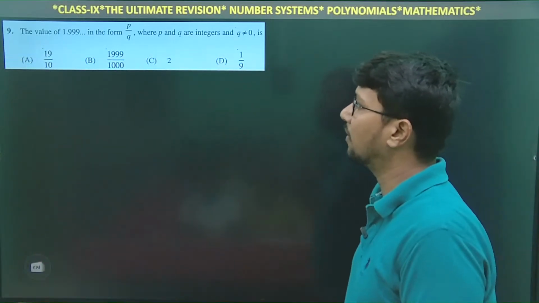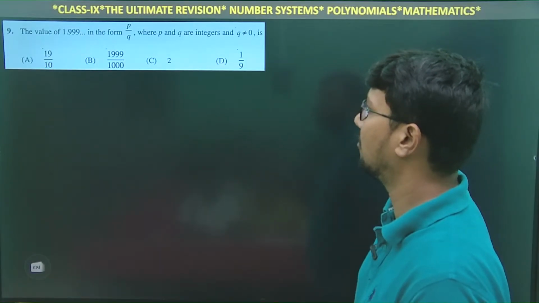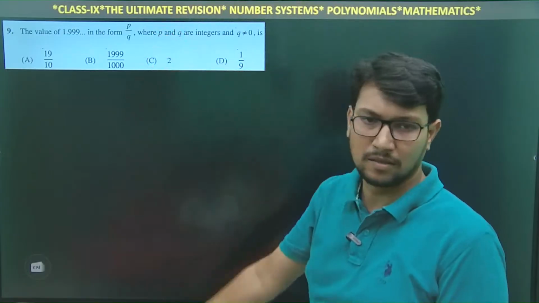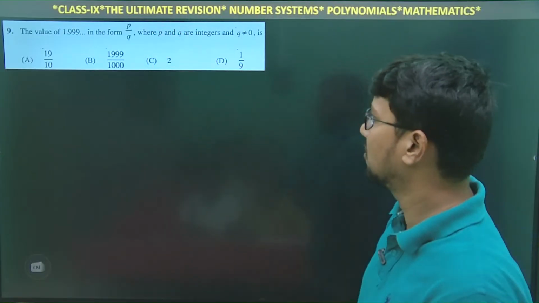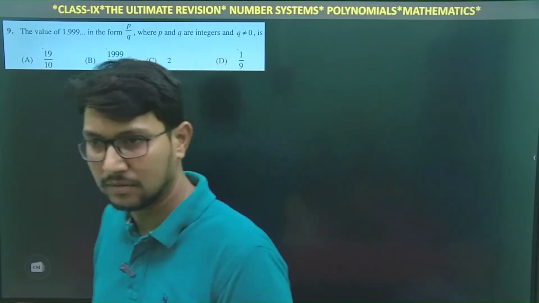The value of 1.999 in p by q form, where p and q are integers, q is not equal to 0.